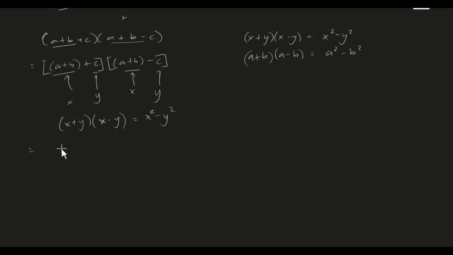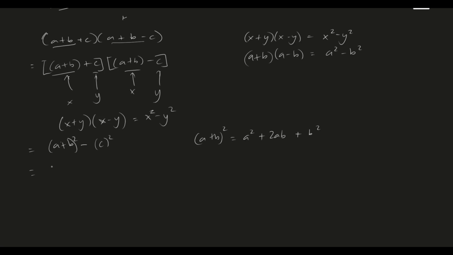So our x here is a plus b, so x squared is a plus b quantity squared, minus our y here is c, so we have c squared. So a plus b quantity squared, we will apply this formula in which a plus b squared is equals to a squared plus 2ab plus b squared.